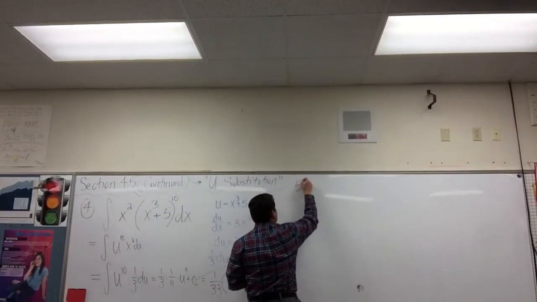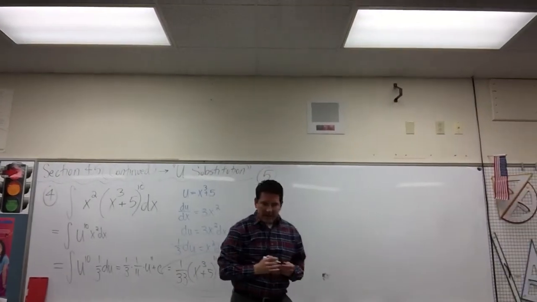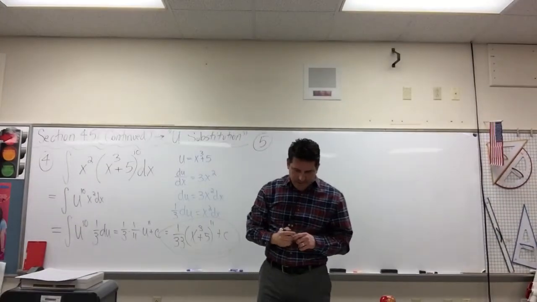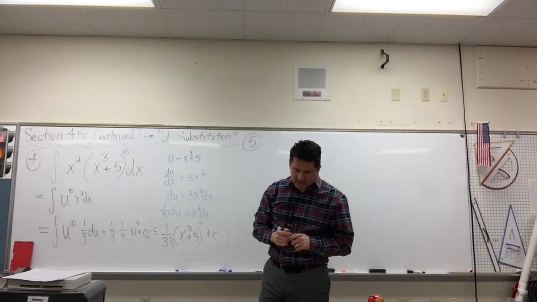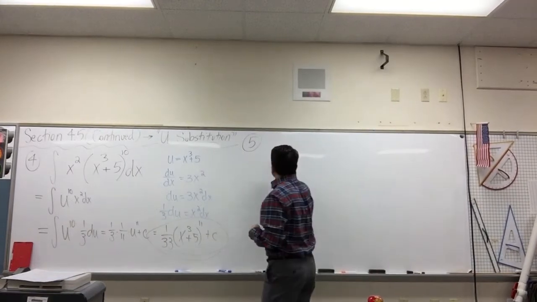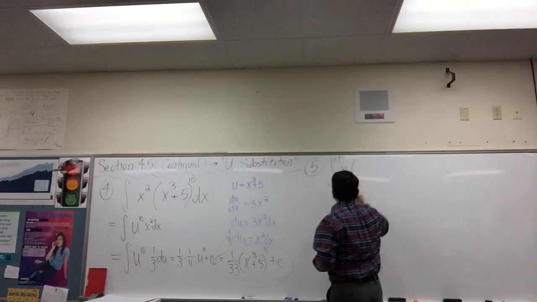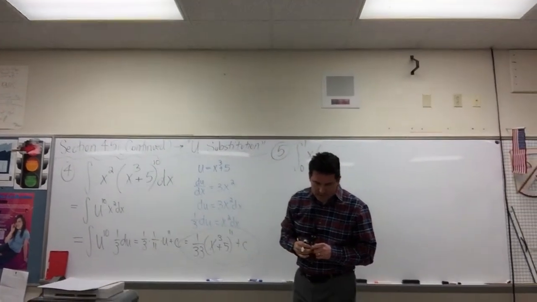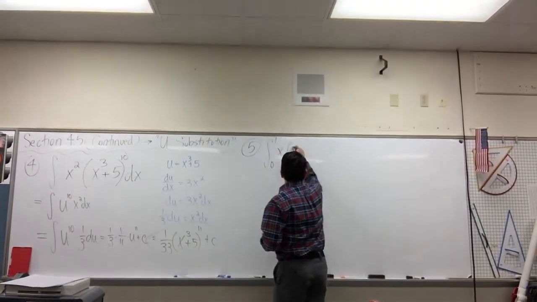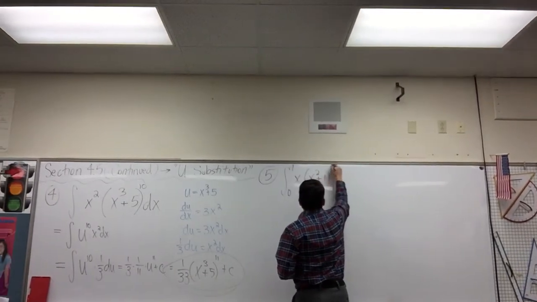So moving on, what happens if we turn this into a definite integral? So we'll start off easy. We'll go the integral from 0 to 1 of x times x squared plus 1 to the third.